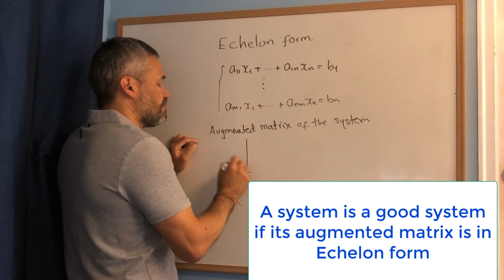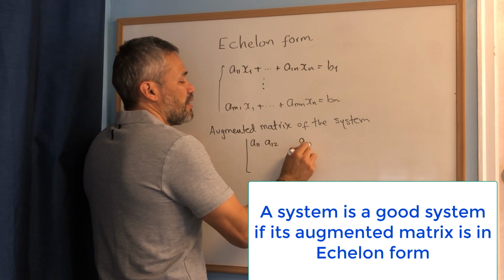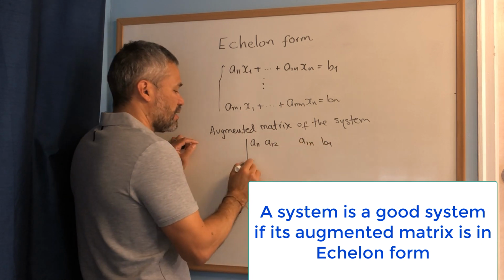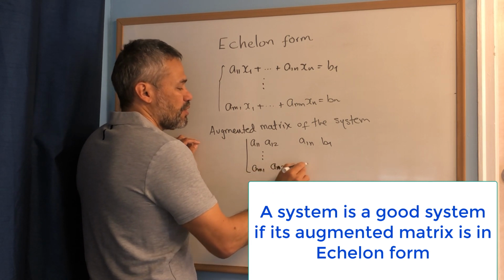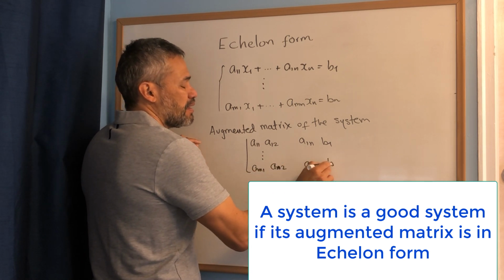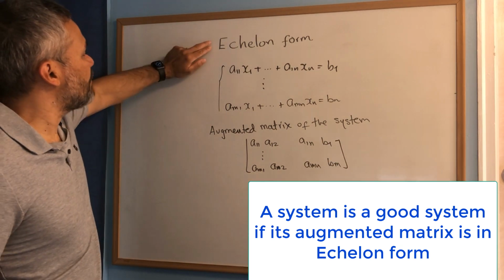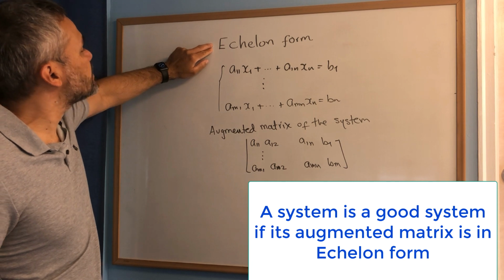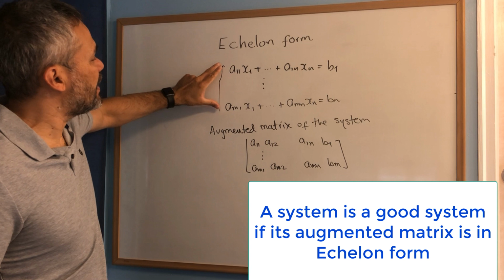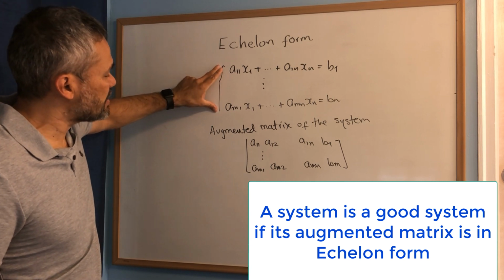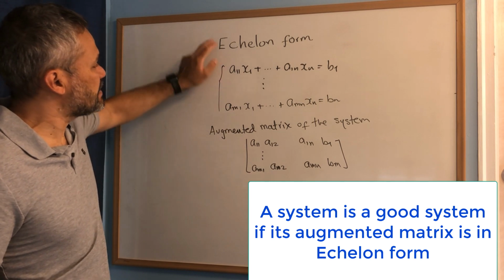This is the matrix with rows A11, A12, ..., A1n, B1, up to AM1, AM2, ..., AMN, BM. The definition of echelon form is related to being a good system: the system is a good system if the augmented matrix is in echelon form.